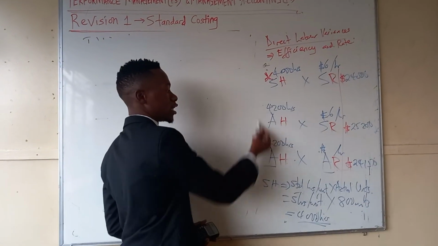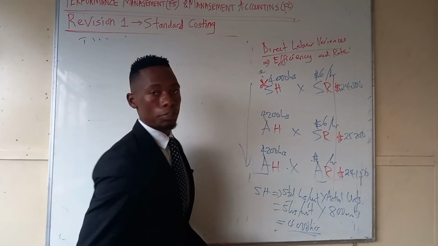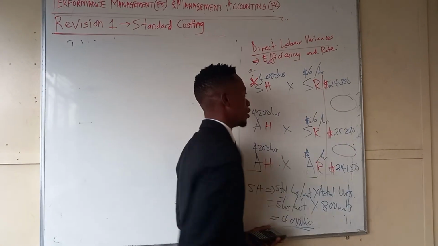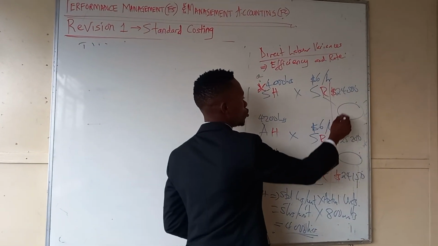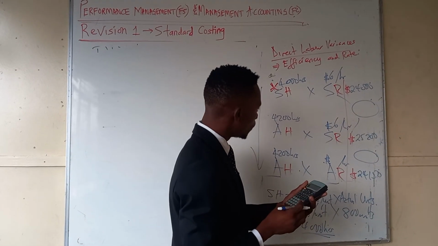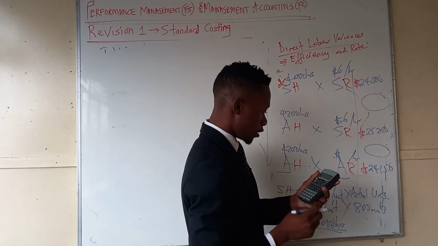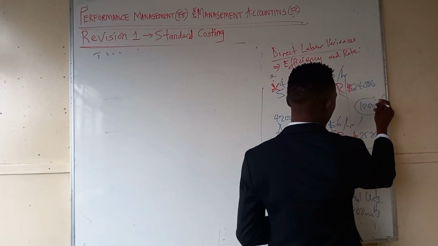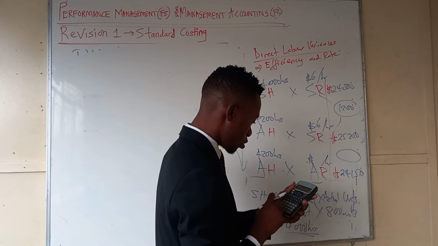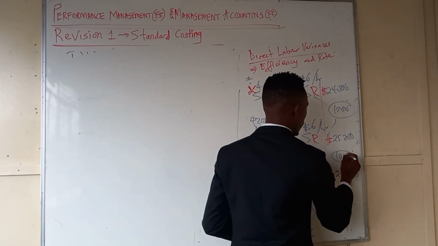We are moving from standard to actual. When you compare your variances, there is a difference here. So the difference between these two, there's a difference of 1.2. Then this side, there's a difference of 1050.